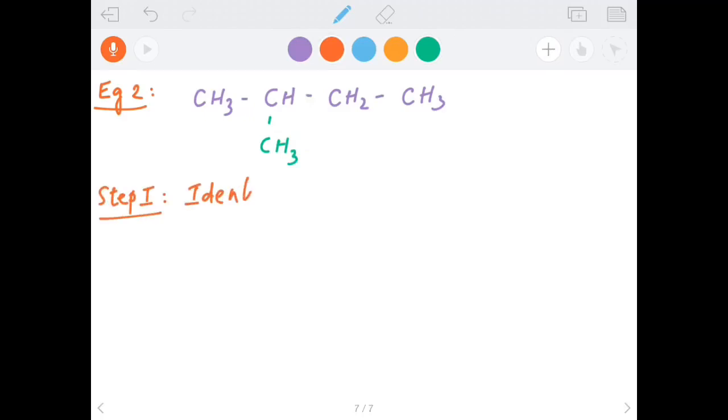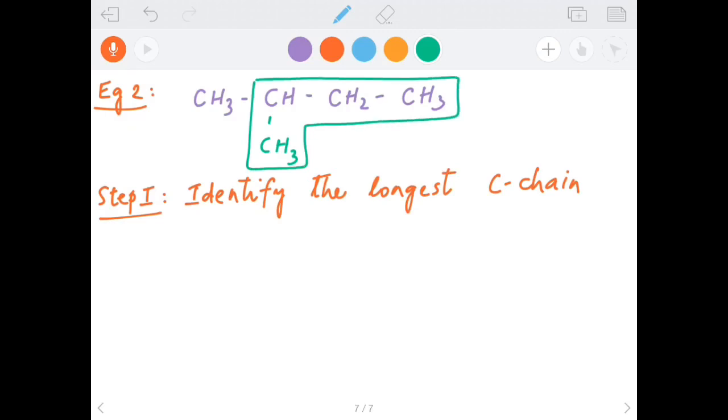Let's go into the next example. This is example 2. It is going to be CH3, CH, CH2, CH3, and I'm going to attach another CH3 to my CH group. Step 1 is to identify the longest carbon chain, as I've just written it down. Now if you notice, there are 2 long carbon chains, one that has 4 like this, and we can also have another 4 carbon atom chain like this.